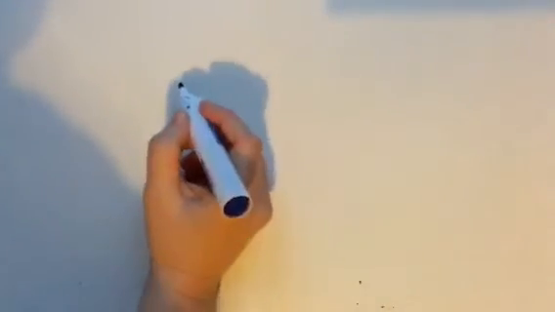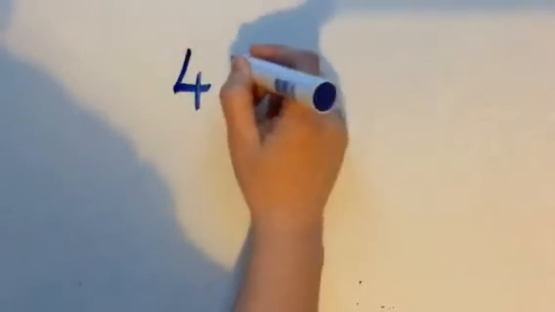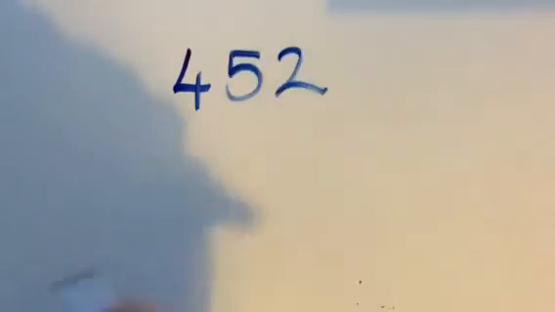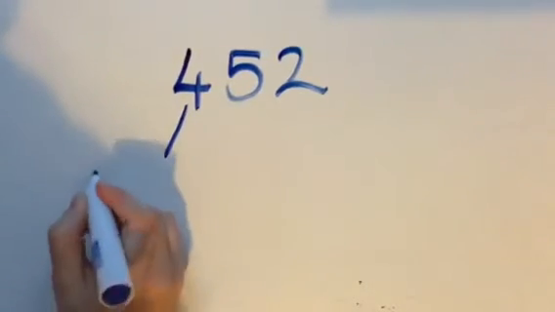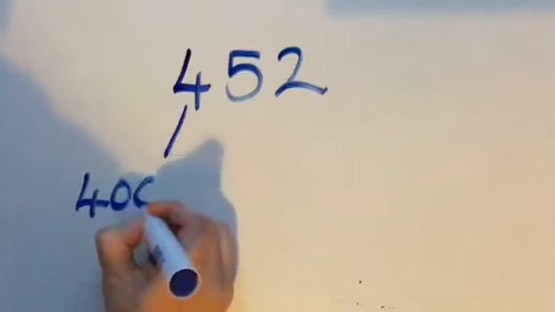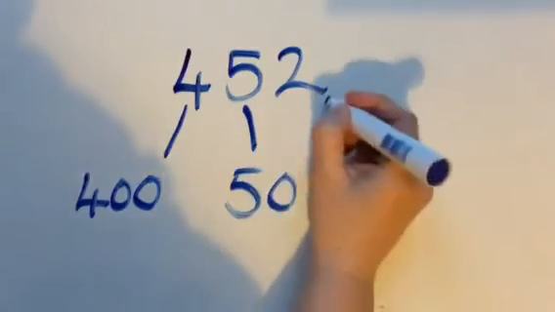Another way you can do it, okay, if you start off with the number, you could have 452. If that's the number, you can show your child to partition it this way, which we do in class as well. So 400 plus 50 plus 2.